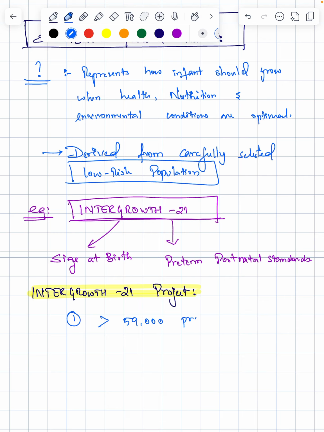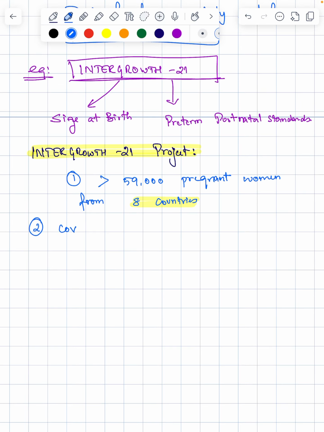Next point, they have covered the full first 1000 days, that is from your early pregnancy till the child is 2 years of age.